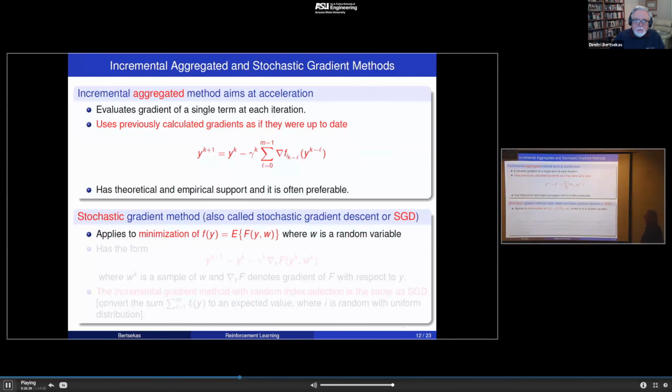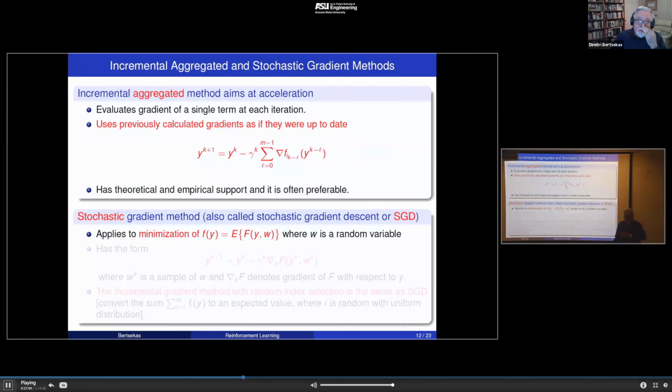Okay, and the method applies not to minimization of a sum of components, but rather minimization of an expected value. Okay, so we have a function that depends on the current vector with respect to which we want to optimize, and a random variable w. So this is an expected value; you can think of it also as a weighted sum, right?